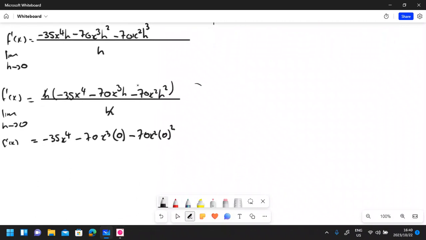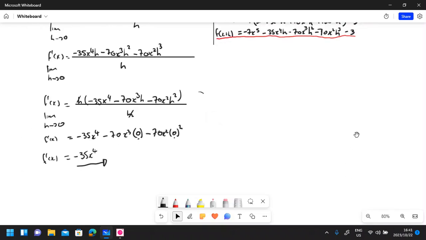So as you can see, the first term is going to give you 5x to the power of 4, and the last two terms are zero because they are multiplied by 0. So this is going to be our answer, guys. I know this is very long, but trust me, this is not long. There are other problems that are longer than this, so I'm hoping that you manage to understand, guys.